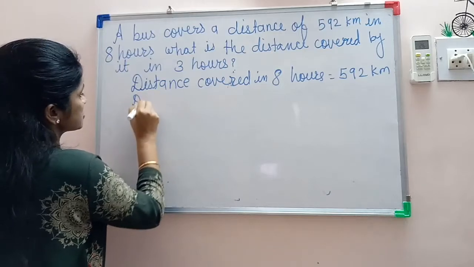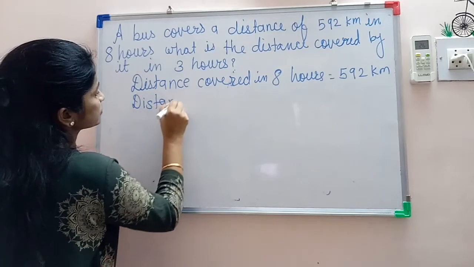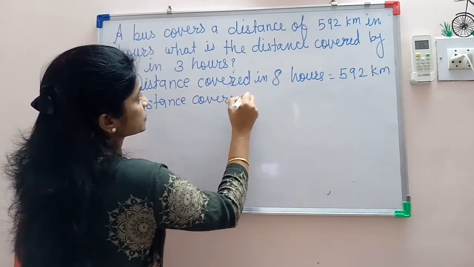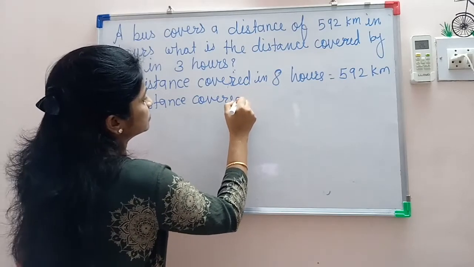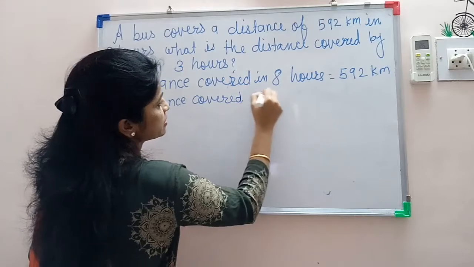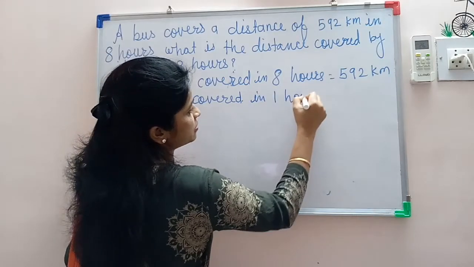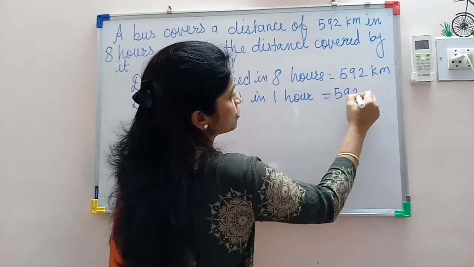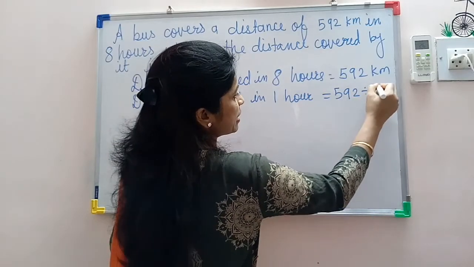So distance covered in 1 hour is equal to 592 divided by 8.